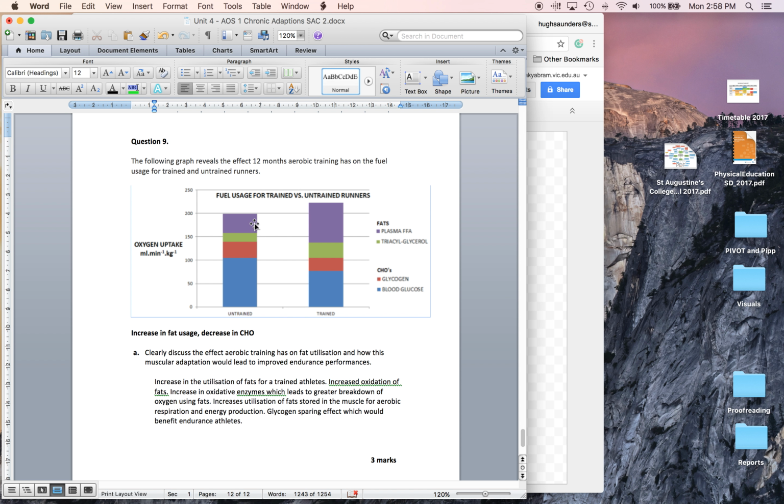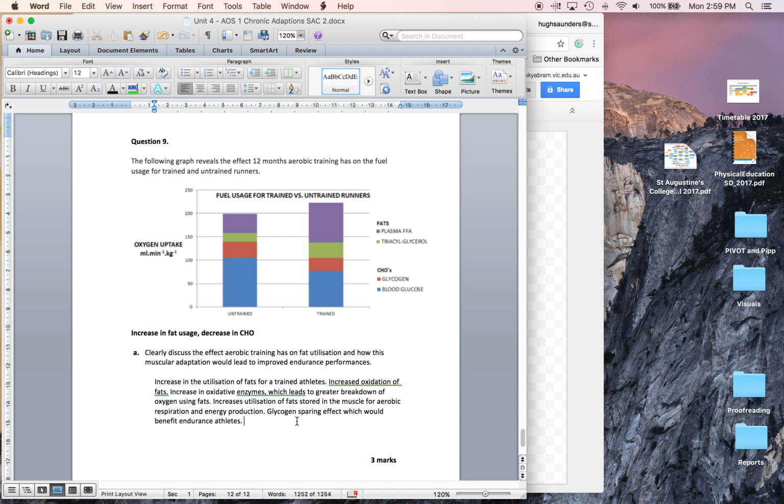So increasing the utilisation of fats for trained athletes, we've explained that, and then we've also explained how that happens through increased oxidation of fats, increasing oxidative enzymes, which leads to a greater breakdown of oxygen-using fats, increases utilisation of fat stored in the muscle for aerobic respiration and energy production. So I've got a greater energy production anyway, and then it also has on top of that a glycogen sparing effect, which would benefit endurance athletes.